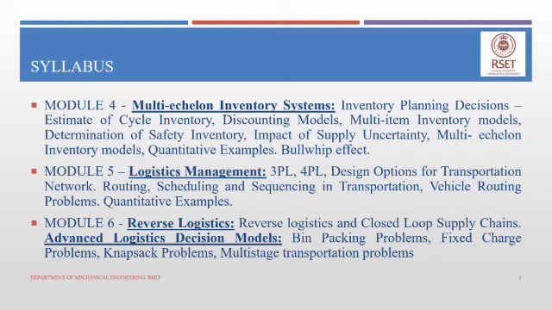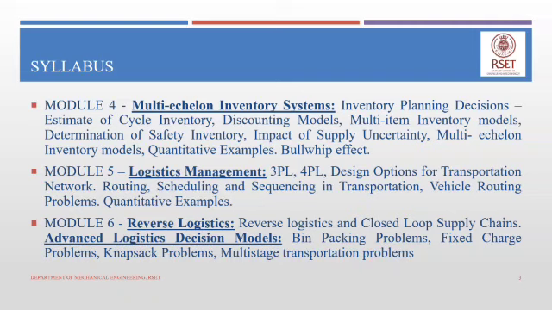We'll see how to determine safety stock or safety inventory. We'll talk about impact of supply uncertainty on inventory systems. And in general, we'll deal with multi-echelon inventory models and their relevant quantitative examples. We'll also discuss an effect called the bullwhip effect in this particular module.